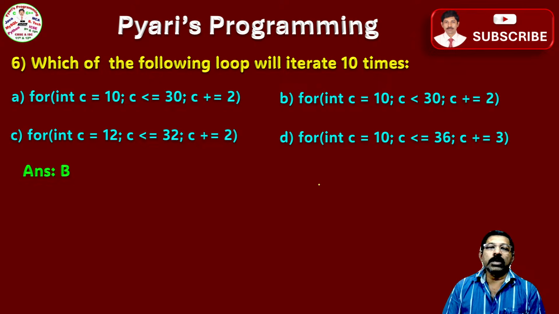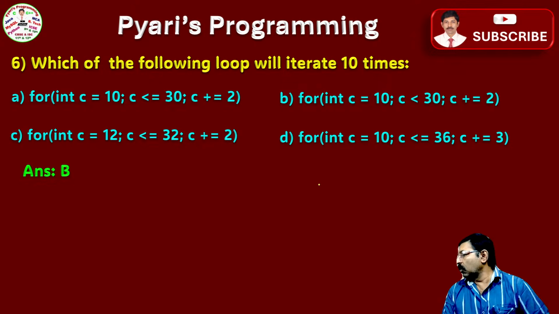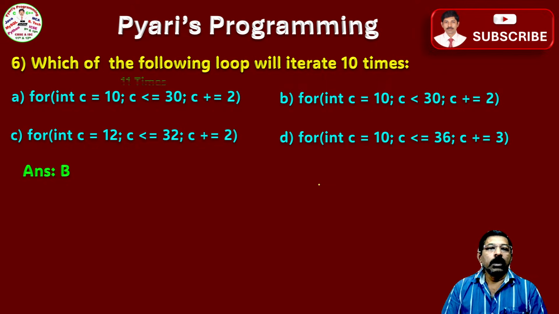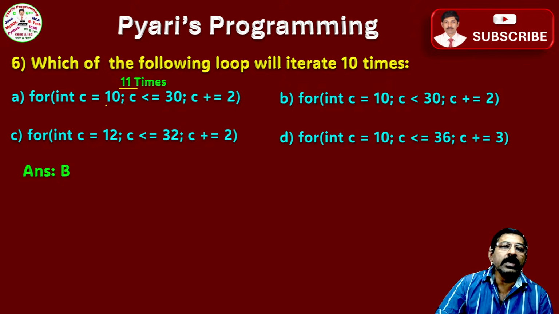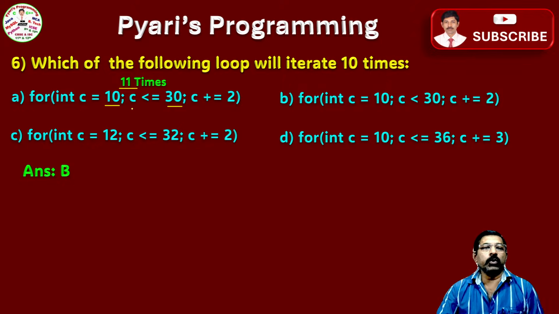So the answer is option B, which is chosen by the maximum number of students. Look at this, it will iterate 11 times because you can see 10 is included and 30 is included. 10 is true, one time, 12, then 14, 16, 18, 20, 22, 24, 26, 28. 28 is 10 times.